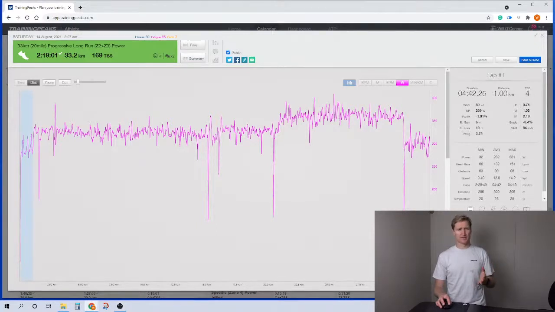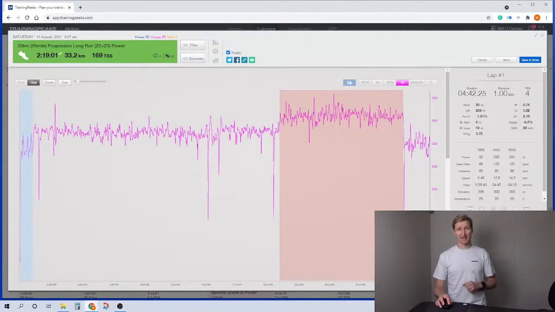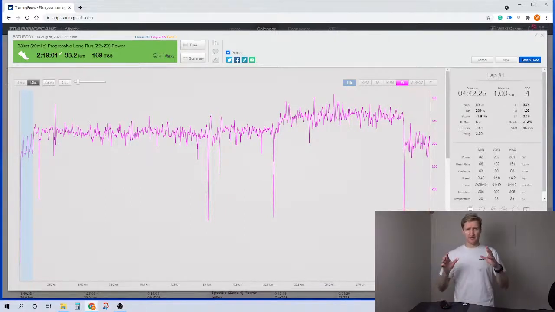Yep, I've ticked off the zone 1 warm-up, the 19Ks, the 10Ks at marathon pace, or at least marathon power, and then I've done my cool down with a little bit extra on there. So that's the first thing. You want to look at how the overall session has gone in terms of how it was prescribed.